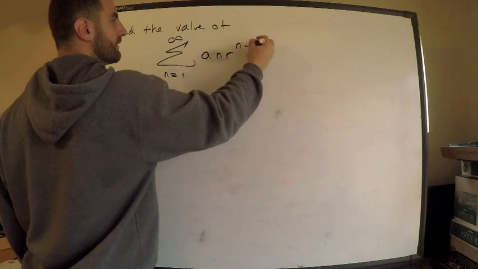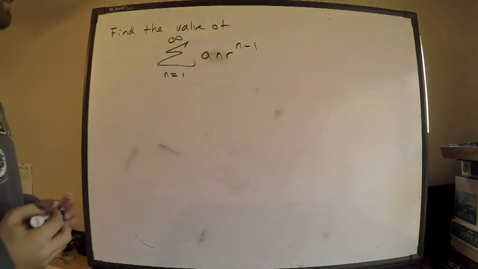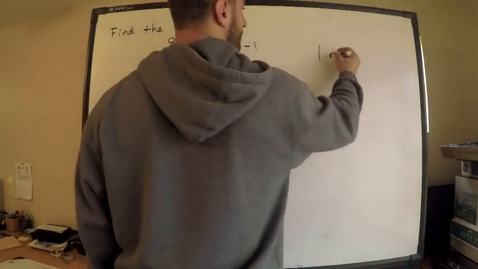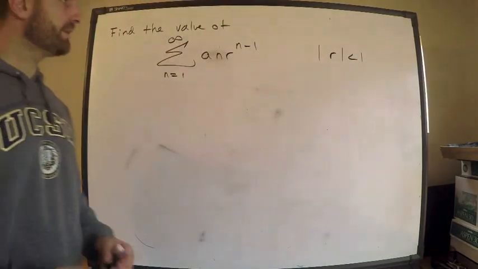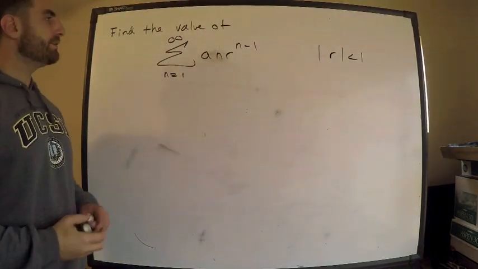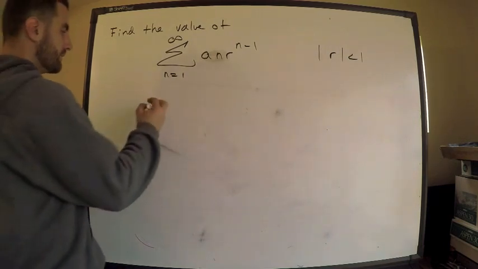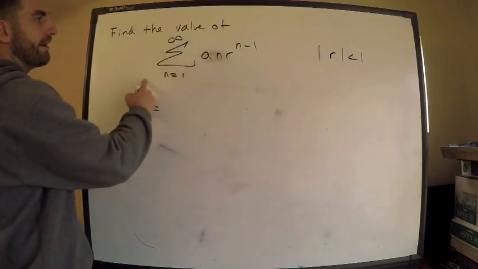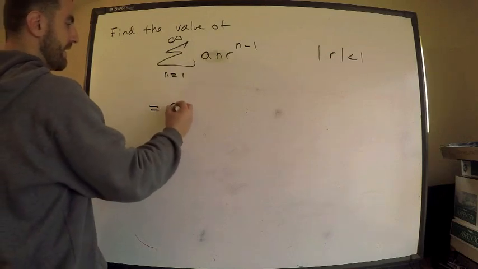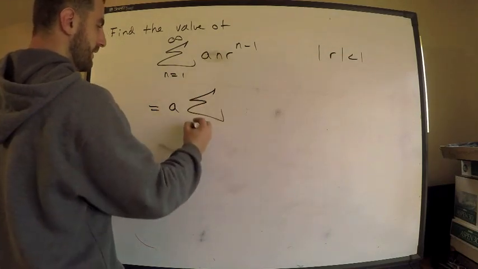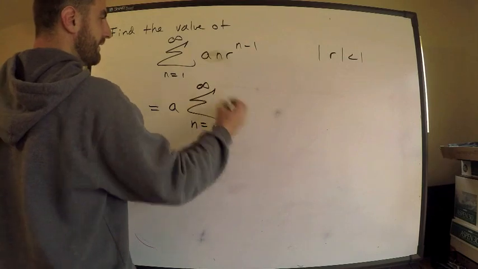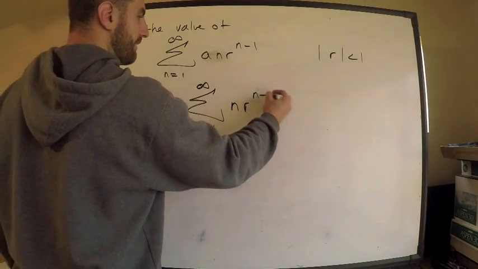So there's a lot of just letters floating around. Okay, this is for r, again, we need the condition, otherwise it doesn't converge, right? So, let's see what we can do. This is equal to, I'm going to just take the a out, the sum from n equals 1 to infinity, n r to the n minus 1.